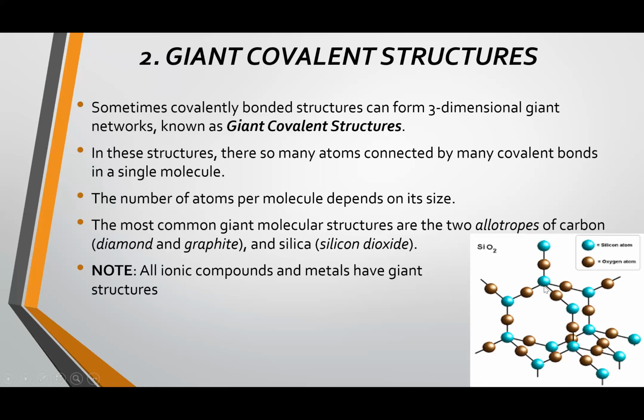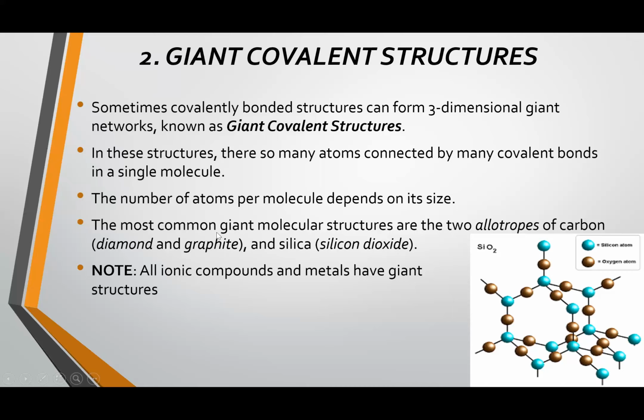This means that in giant structures, the molecular formula we use is simply the empirical formula. It represents the simplest ratio in which the atoms are combined. It doesn't represent the actual number of atoms in the molecule. That is why we call them giant structures.